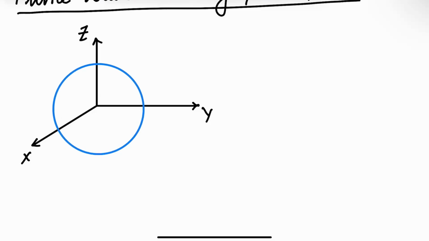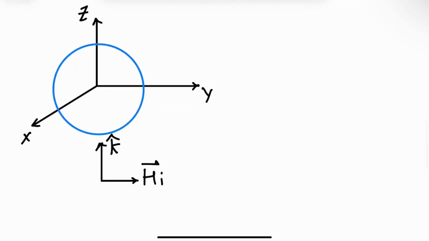And we have a plane wave coming in from the bottom along k hat. k hat is along Z. And then we orient the coordinate system, without loss of generality, such that H is along Y and E is along X. Okay, so that's kind of the problem setup.